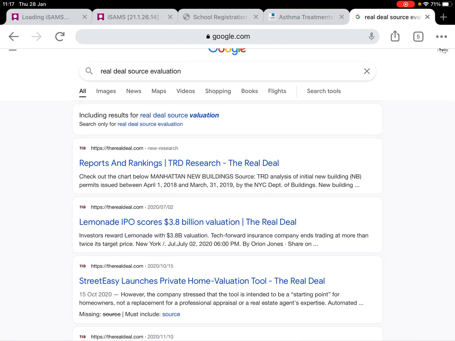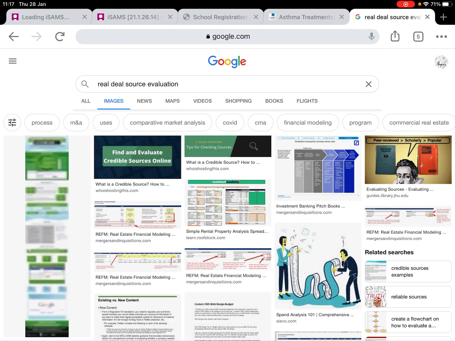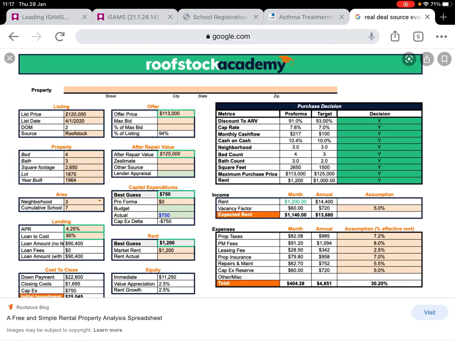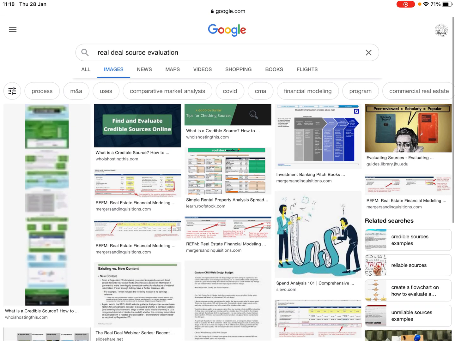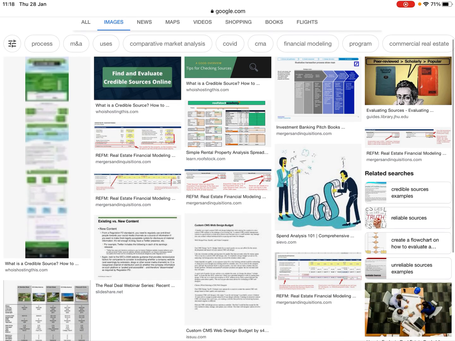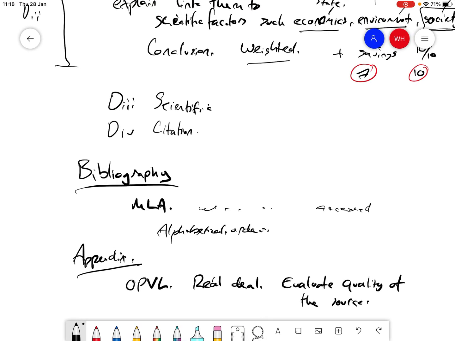Maybe that's not on the internet. That's not it. But that's basically where you talk about whether it's reliable, whether the information... Oh, it's here, look. Finally, evaluate credible sources online. So that's what you might want in your appendix.